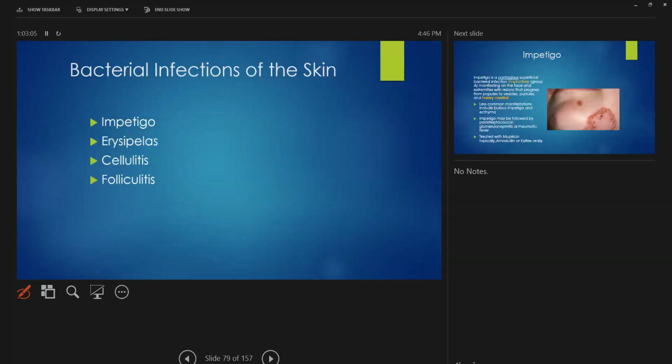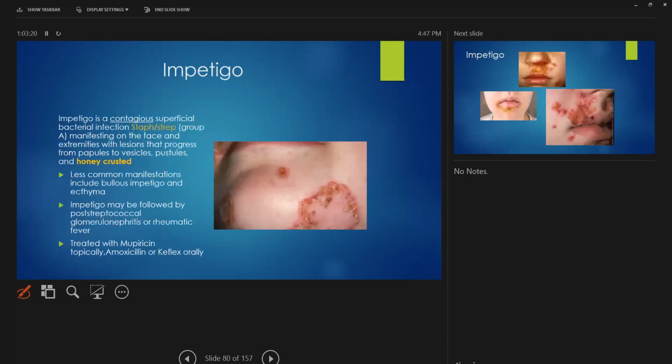Bacterial infections of the skin is our next go-to here. So we've got impetigo, erysipelas, cellulitis, and then folliculitis we already went through. So impetigo is a contagious superficial skin infection, usually caused by overgrowth of staph or strep.